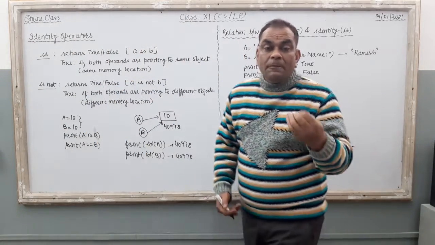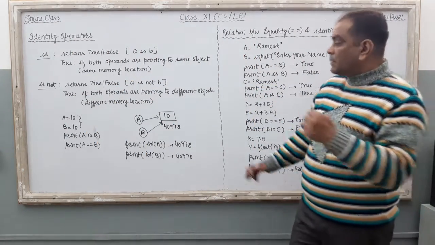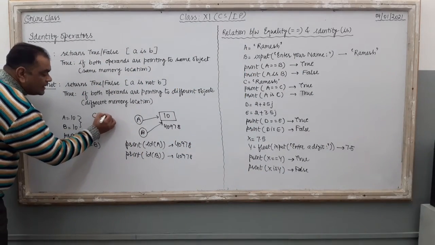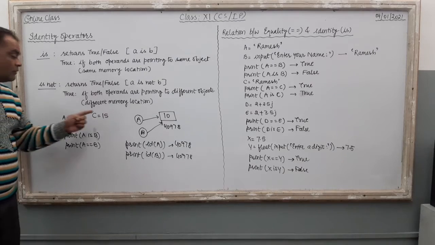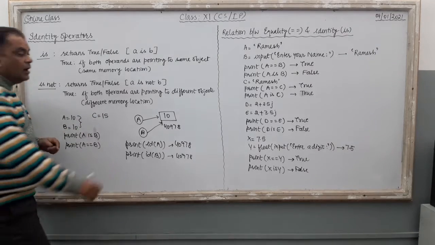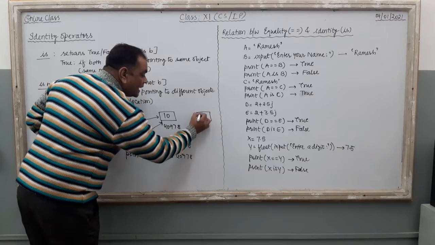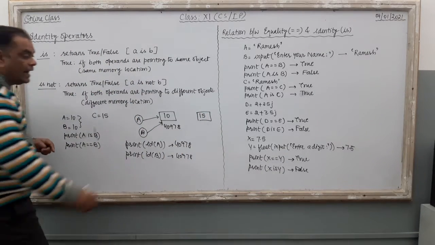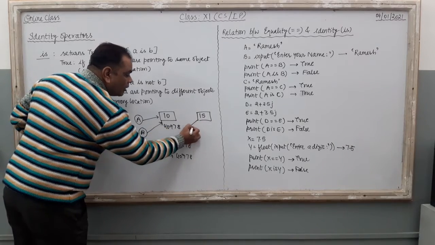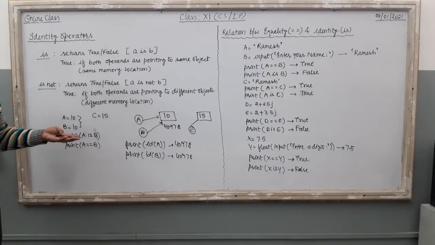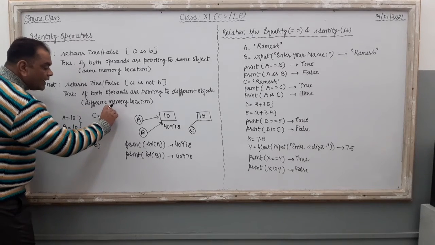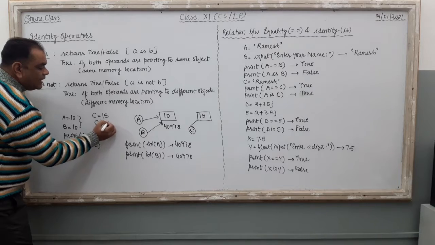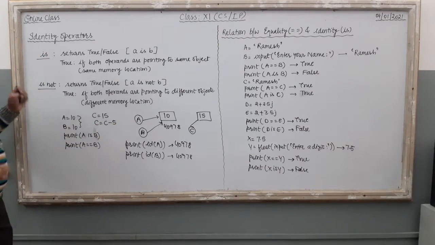And if you supply a different value, suppose I am going to create one more variable C here, and C equal to 15. Now the value is different. What will happen? The computer will store this 15 in binary inside a slot of your computer's memory, and then the label C is on this value. Clear? Now suppose I give this command, C equal to C minus 5. What will happen now?